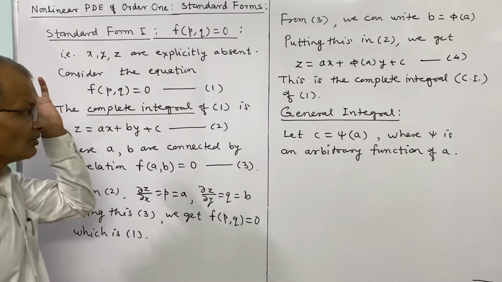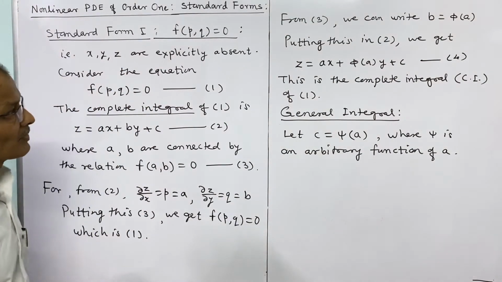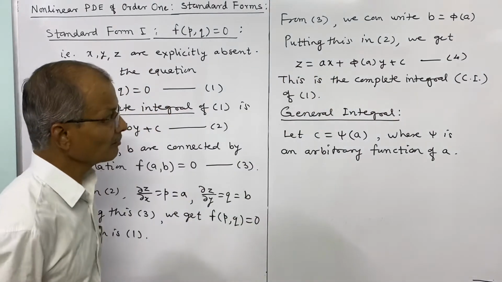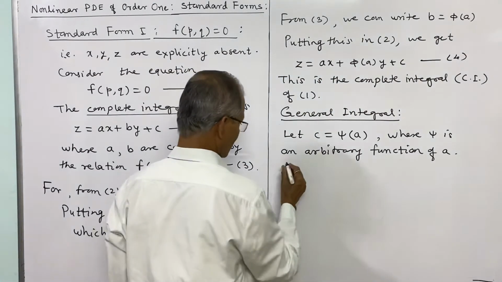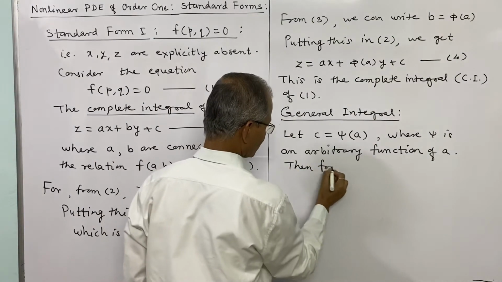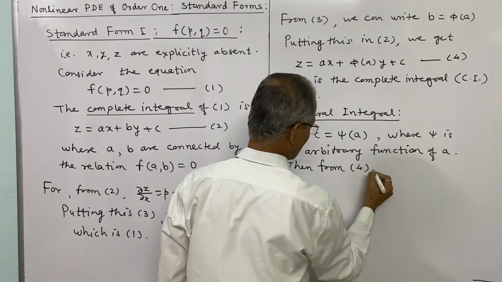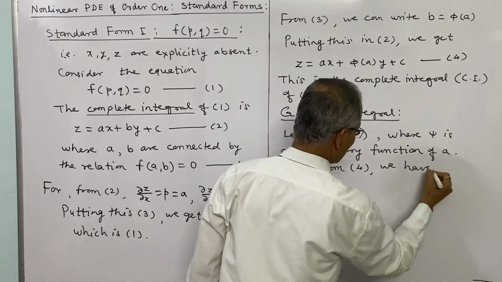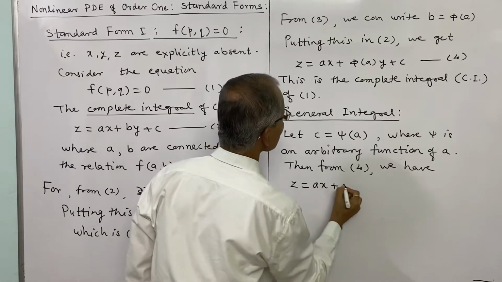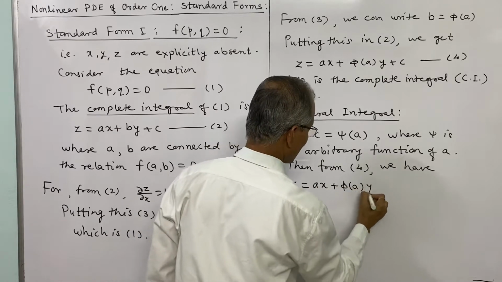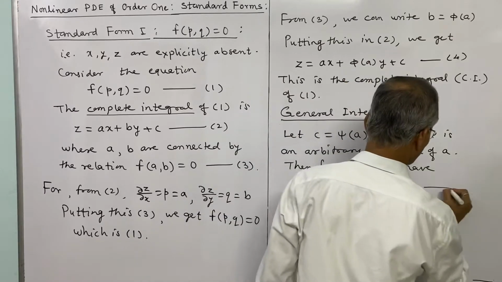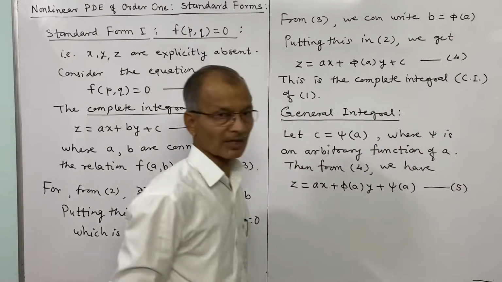Now if we use this value of c in the fourth equation, then from 4 we have z is equal to a into x plus phi of a into y plus psi of a. We suppose this as our fifth equation.